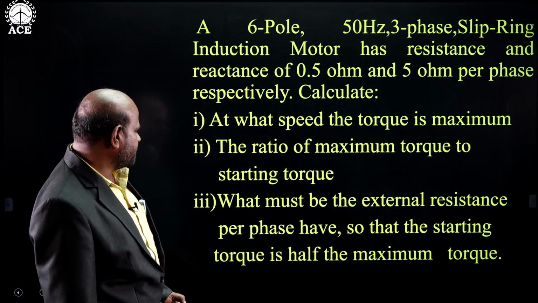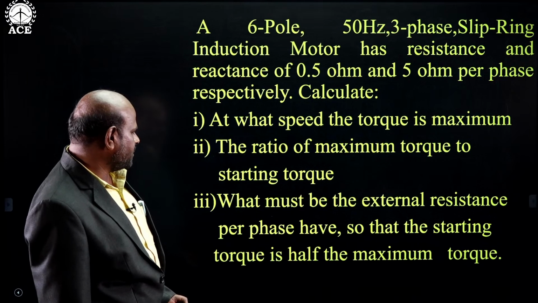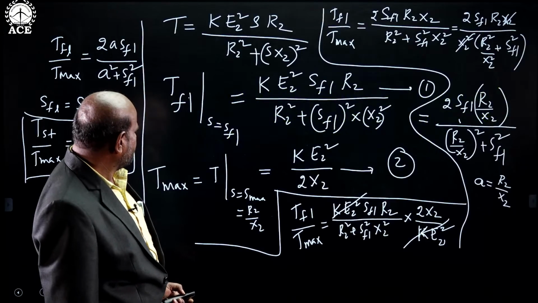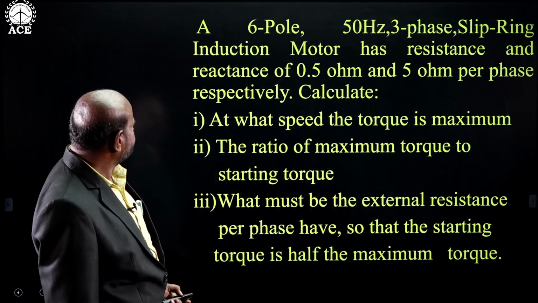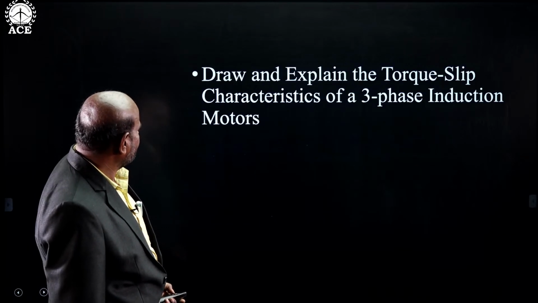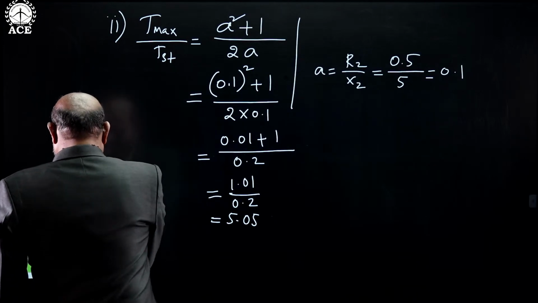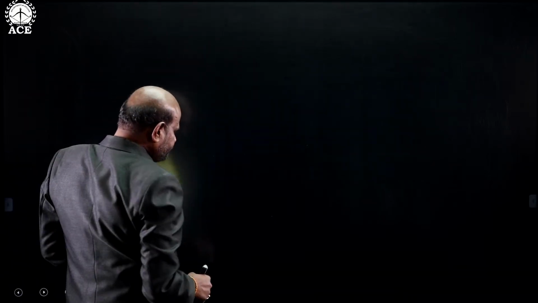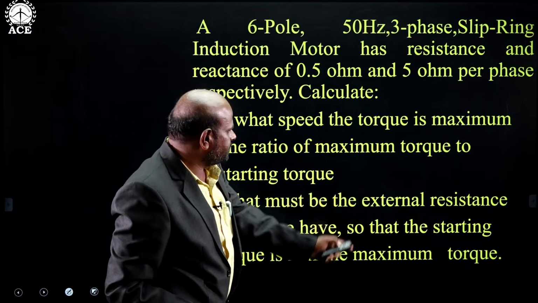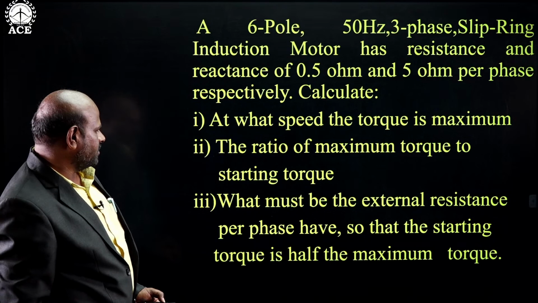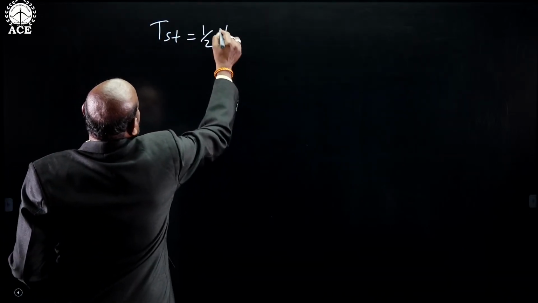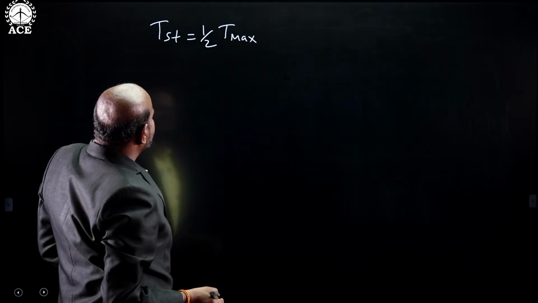It is asking what external resistance per phase must be added such that the starting torque is half of the maximum torque.